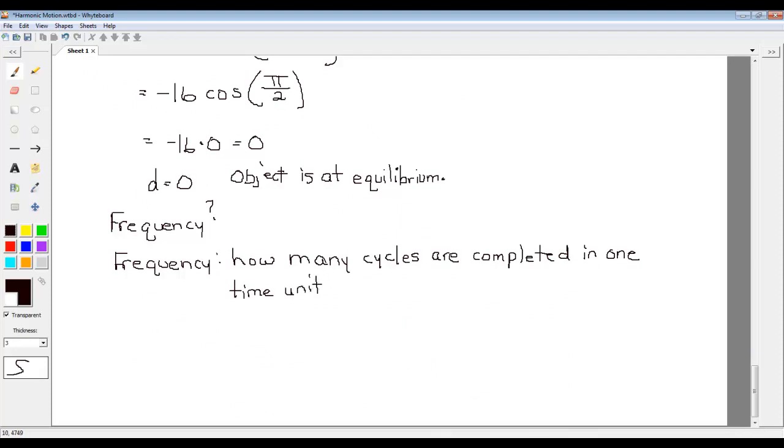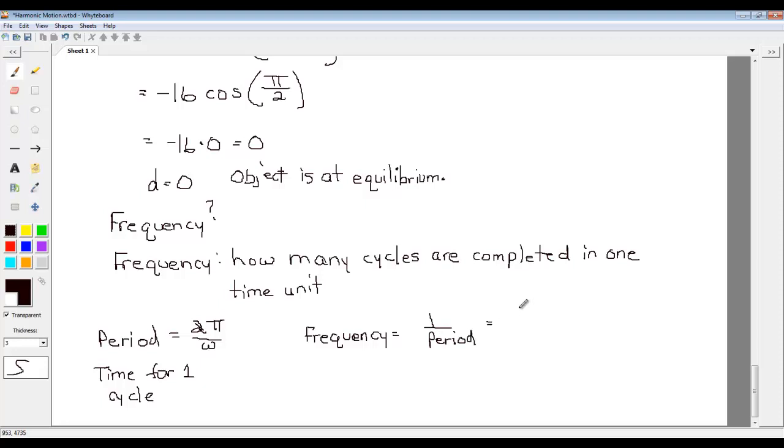Since a period is 2 pi over omega and tells you how much time for one cycle, then frequency is 1 over period, which ends up being omega over 2 pi.